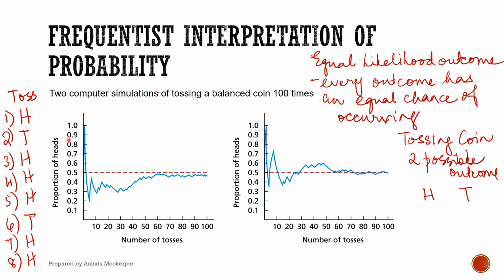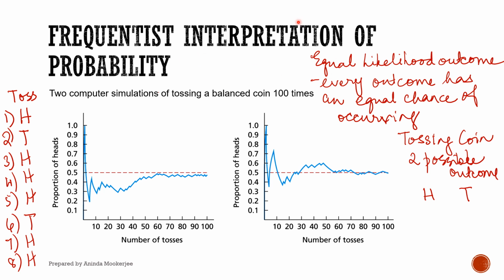We were expecting 50% of the time. That means out of 8, we were expecting 4 heads and 4 tails. Instead, we have 6 heads, and we have only 2 tails. So somehow this equal likelihood outcome is not working.